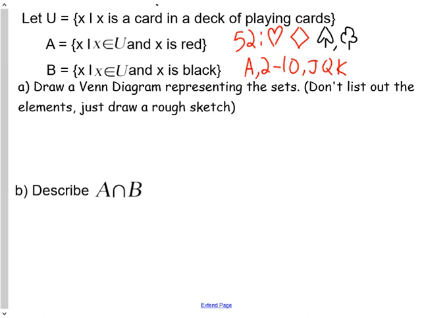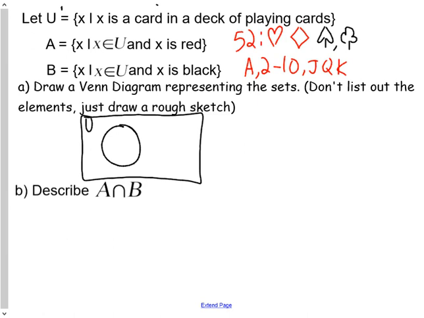Okay. So it's asking us, draw a Venn diagram representing the sets. Again, not listing out the elements, just draw a rough sketch. So up here, U is a card in the deck. A is a red card, X is in U and X is red. So we're going to have a set of red cards.